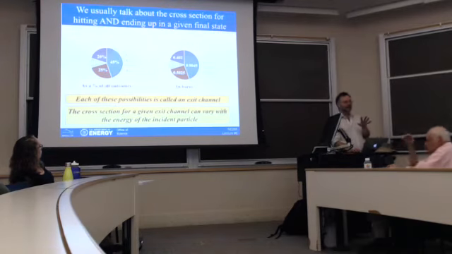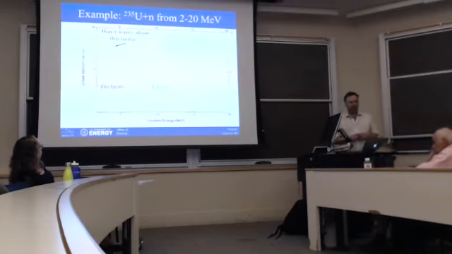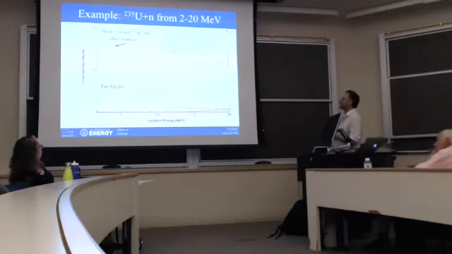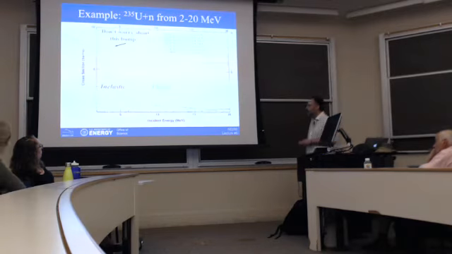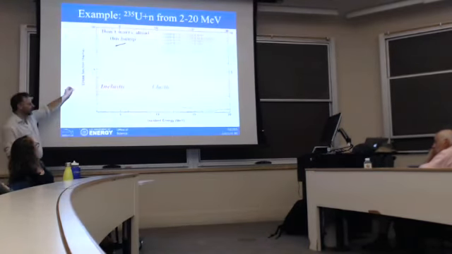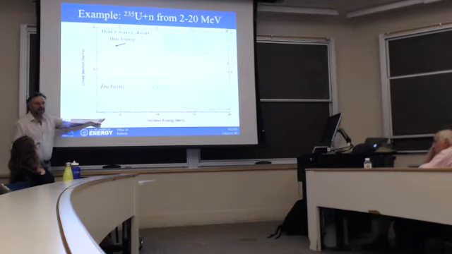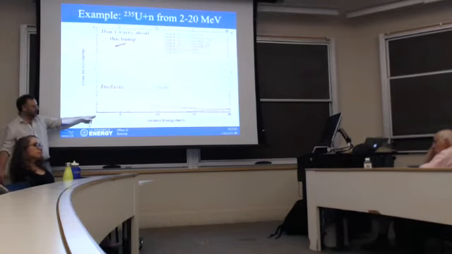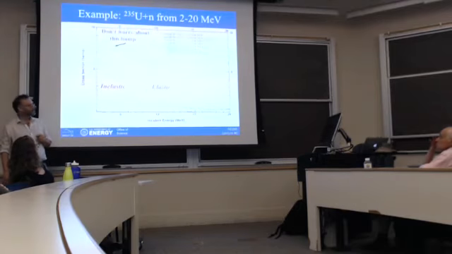So what does this really look like? You're going to see a lot of plots like this. These plots are plots of the cross-section on the y-axis in units of barns versus the incident particle energy in units of MeV.